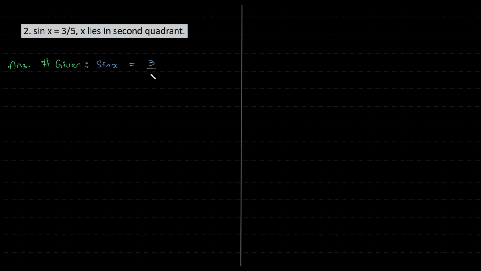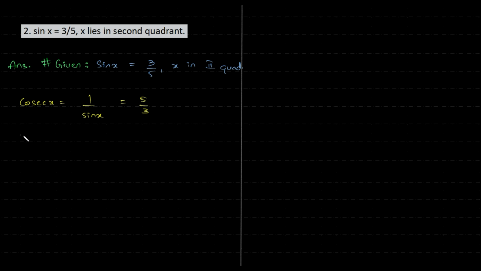So sine x is 3 by 5, x in second quadrant. I'm using formulas and ratios to figure things out. First I start off with cosec x, which is 1 by sine, which is 5 by 3.